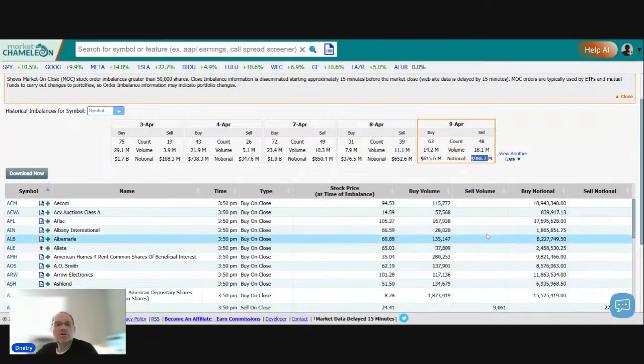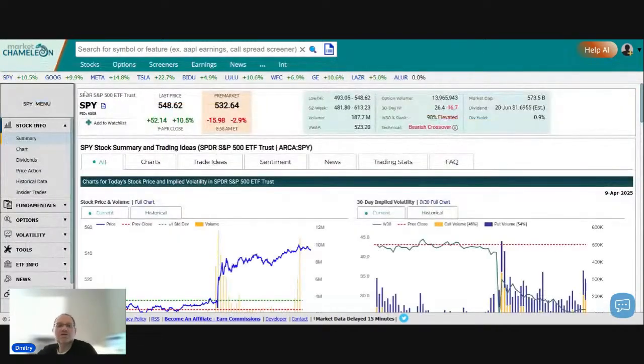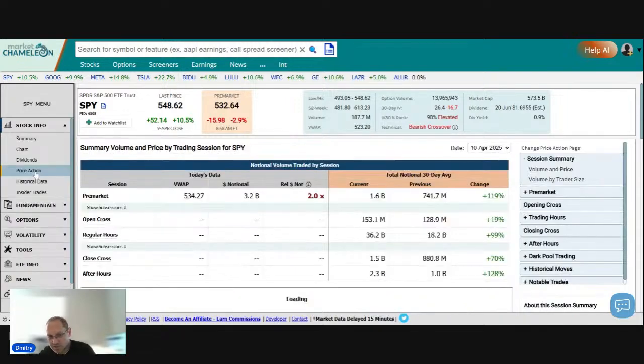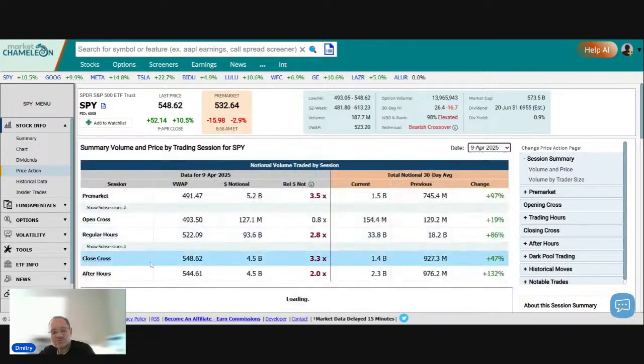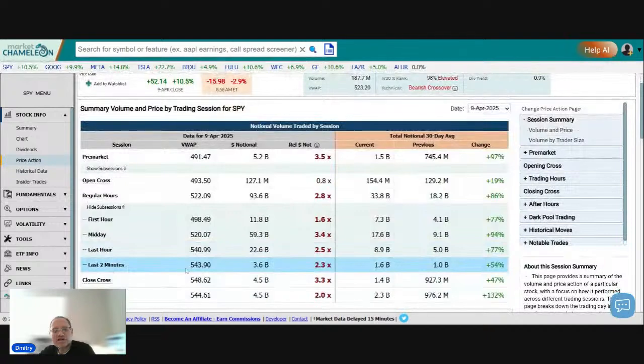So based on this big uptick, what inference can we make? That's the question. What inference can we make from yesterday's price action? Let's go back. This is yesterday's. We're going to look at regular trading hours. This is the last 2 minutes.